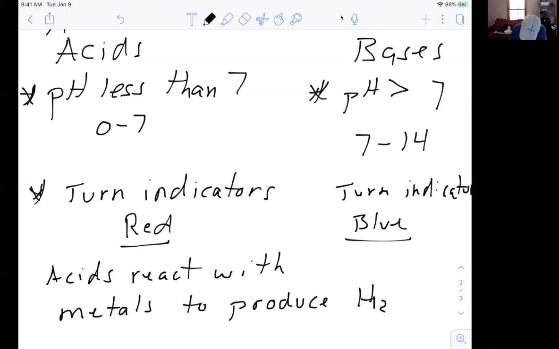And you guys remember that H2 is hydrogen gas. So H2, hydrogen gas. So that's a pretty generic group of properties, and I hope that helps you on the worksheets that follow.